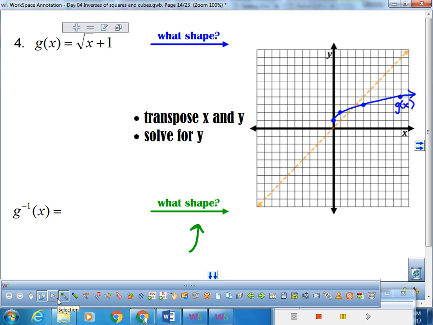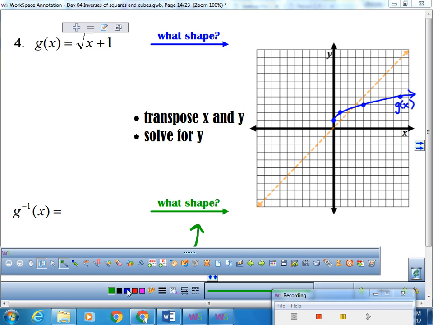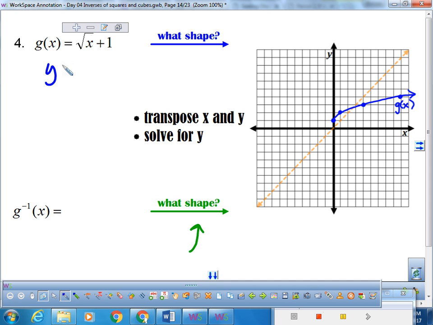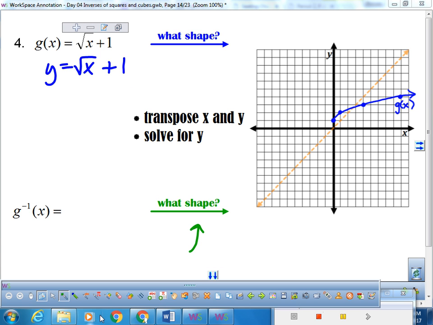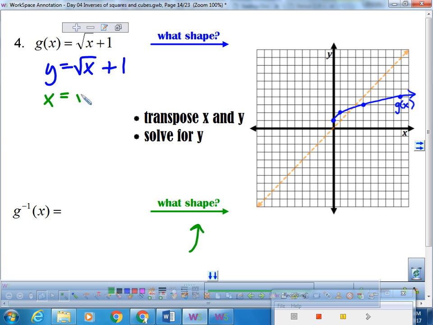So, let's do this. This is y equals the square root of x plus 1. I'm going to switch x and y, or transpose x and y. So this is x equals the square root of y plus 1. I'm trying to solve for y, so I'm going to subtract 1 from both sides. How do I get rid of a square root?